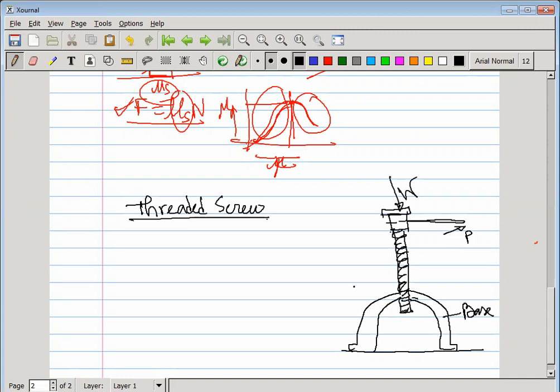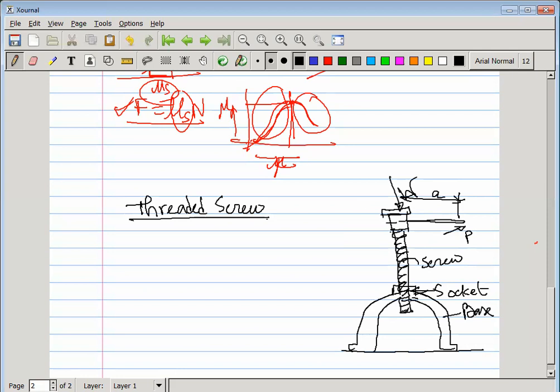This one is the socket. This portion is the socket. Okay, this portion is the screw, and this is the weight, and this length is A.